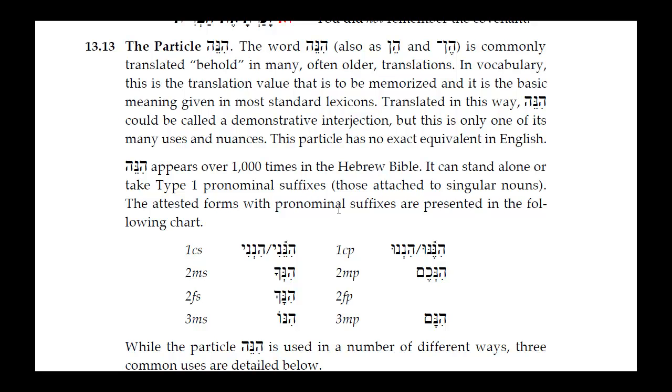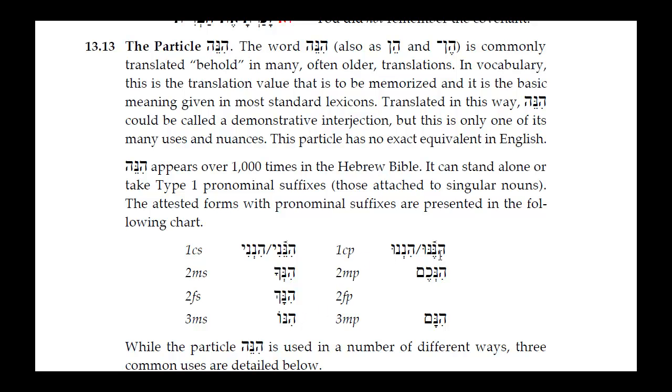It can stand alone or take type 1 pronominal suffixes, just like a singular noun, those that are attached to a single noun. You've got hene, and then you've got hineni. This is hineni, and this is the alternate form here. Hinecha, hinach, and hino: second masculine singular, second feminine singular, and third masculine singular.